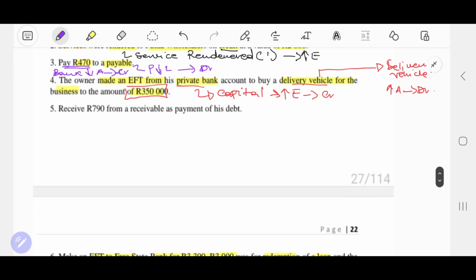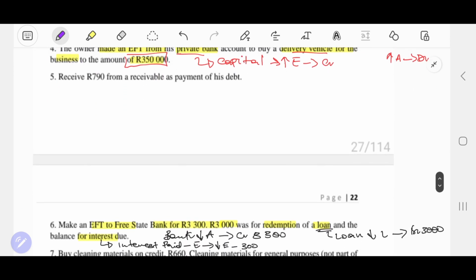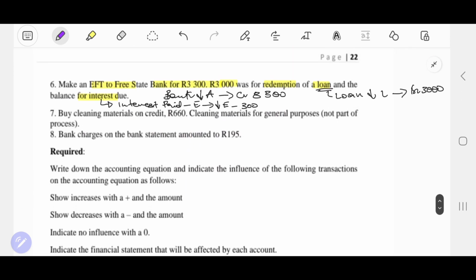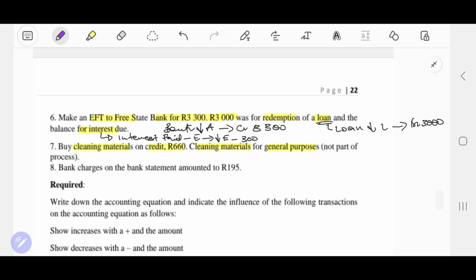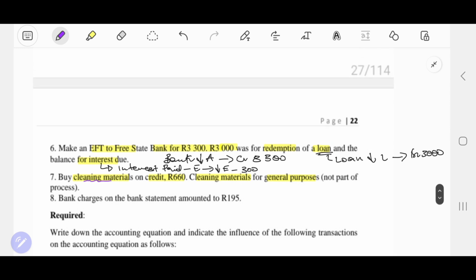Next transaction. And then buy cleaning materials on credit for 660. The cleaning materials for general purpose, not part of the process of the business. So we bought here an expense.